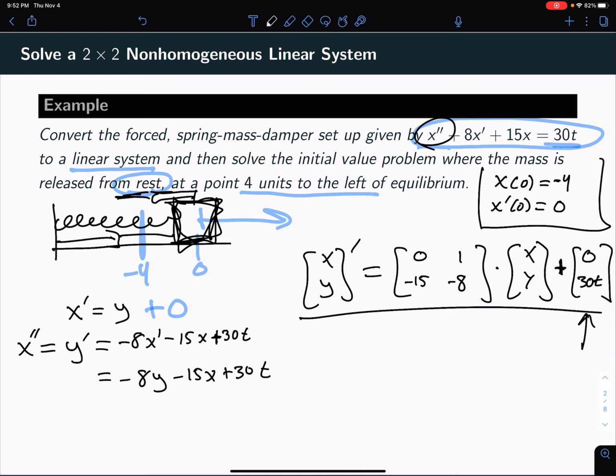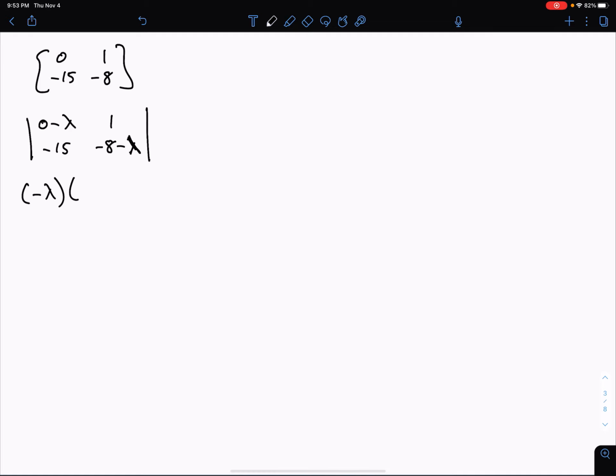First, we've got the matrix 0, 1, -15, -8. We need the eigenvalues of that matrix and the eigenvectors. So we take the determinant of 0 minus lambda, 1, -15, -8 minus lambda. If we do that, we get negative lambda times -8 minus lambda, minus -15 times 1, and we set that equal to 0.